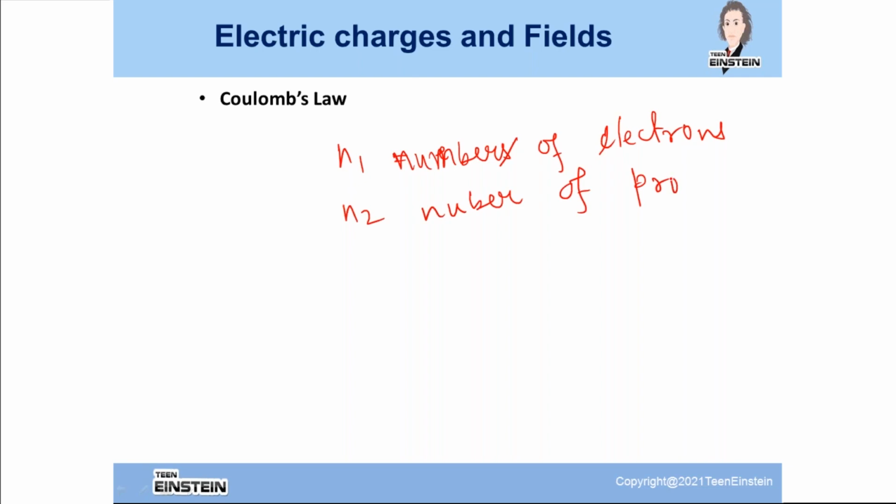So what is the total charge? Can you tell me? The total charge will be n1 into the charge of the electron. You have to take it now with the sign, so n1 into minus e, plus n2 into e, where e is the charge of the proton I have taken. So it will be e into (n2 minus n1). This will be your total charge.